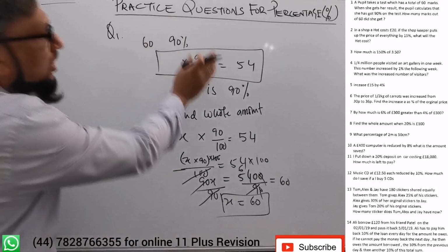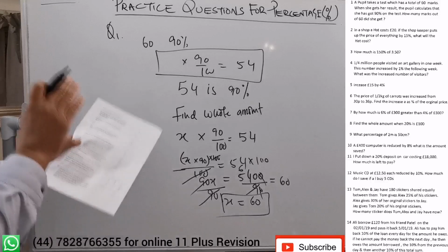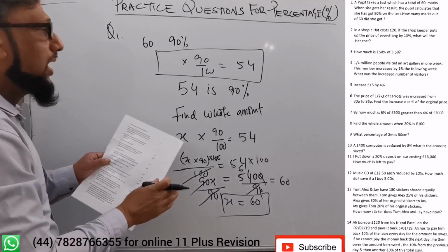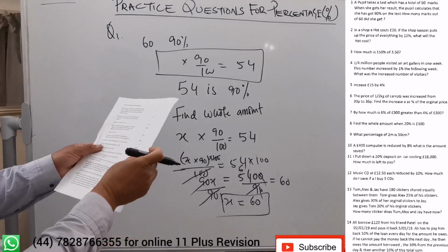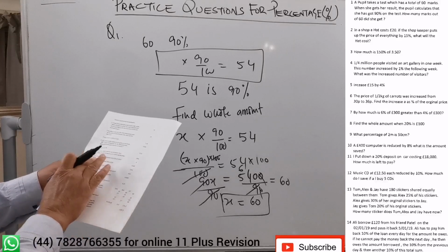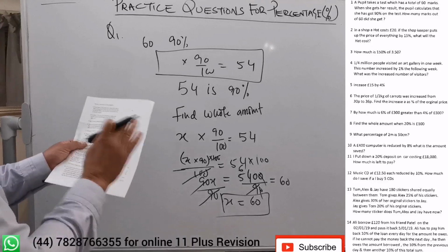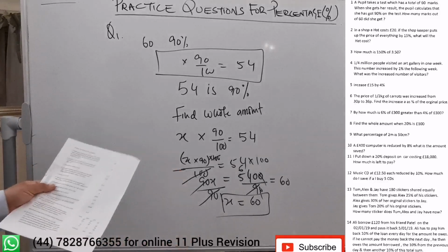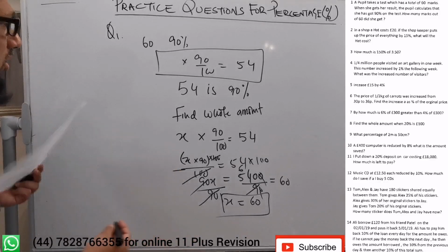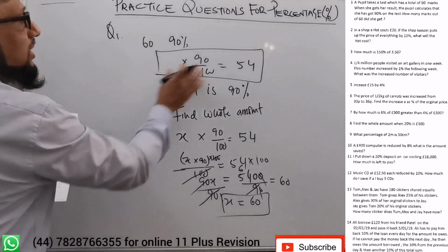So on the basis of this question, I'm going to solve question number 8. In question number 8, they are giving you 20% is 100 pounds. Look at that, same equation.